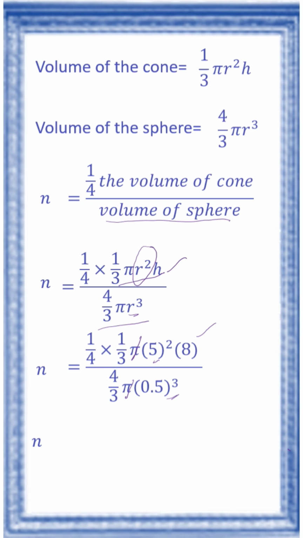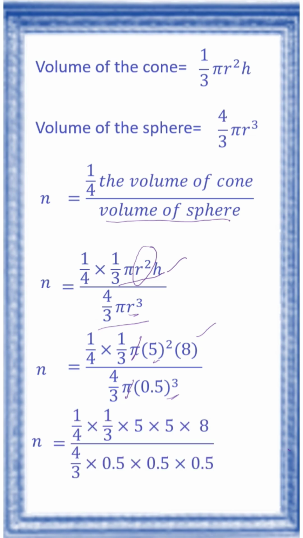Now n is equal to 1/4, 1/3, we have cut 5, pi, 5 into 5, this is 8, and I have written 4/3 here, 0.5 into 0.5 into 0.5. You can solve in any method.